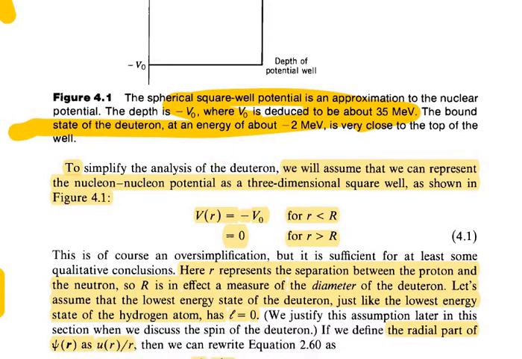For example, from here to here is the size of the neutron, and this length is R. Now assuming that the proton lies here and neutron lies here, and the separation is small r, in this region the potential energy is minus 2 MeV.